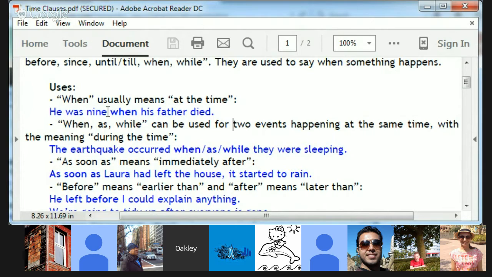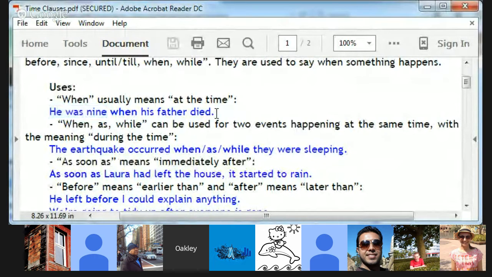This is actually two separate clauses. He was 9 is one, and that is an independent clause. It could be a sentence by itself. He was 9. There's a subject noun, he, and a verb was, and it makes sense.